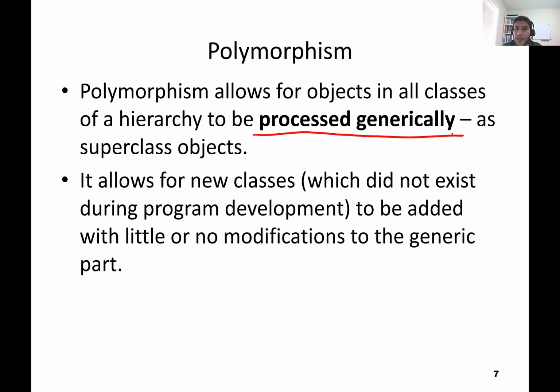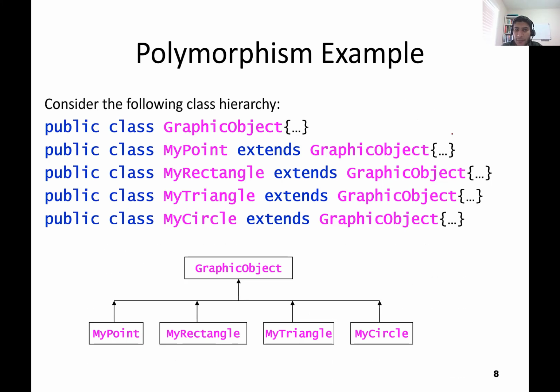How to do this? Let's pick one example. I guess we will not be able to implement the example during this lecture, but we will start next lecture with this. Previously we had the point as a parent and circle as a child of that parent. But I told you last lecture, it might be more useful, more generic, to define our parent class to be the graphic object. I call it graphic object or my graphic object, whatever.